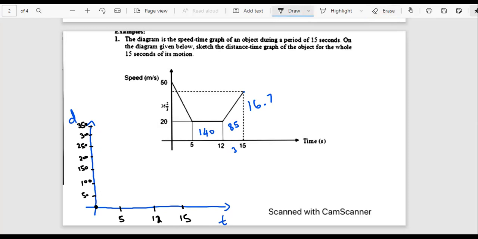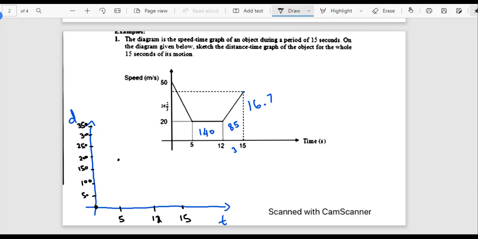Between 0 and 5, the distance was 175. It was this point. And then at 12, it was 140. Or would you have to do 175 add 140? Yes. Why would you do that? Because it is the total distance covered, not just between seconds. Exactly.